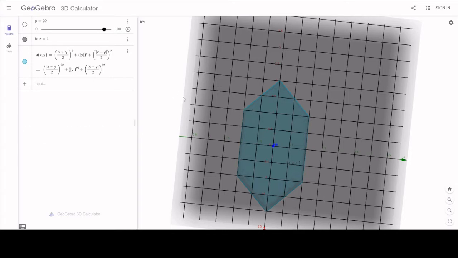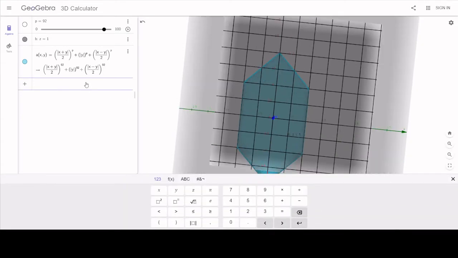So I had to do something a bit trickier, which is instead of using just a polynomial, I had to use a modified polynomial, which is not quite a polynomial.